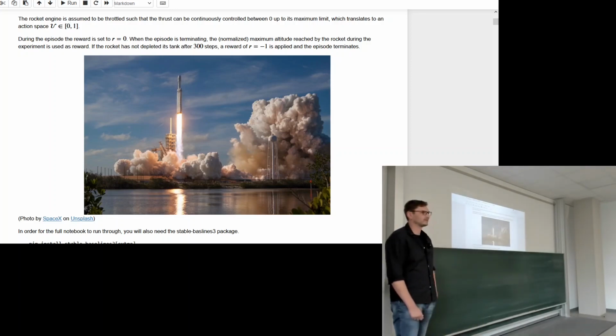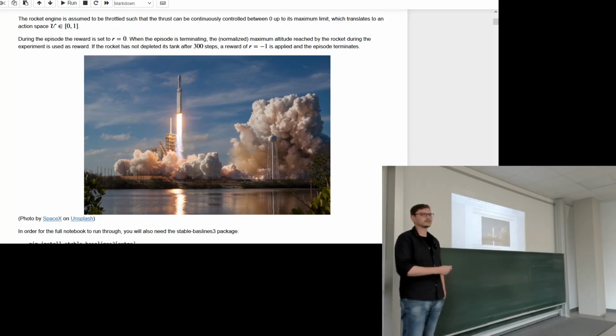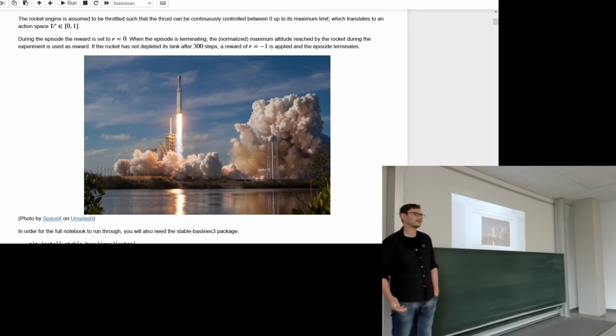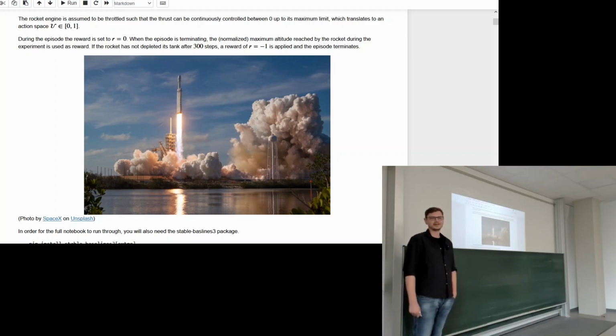A rocket has the problem that it needs fuel in order to increase its velocity. But while doing so, it loses fuel, so it loses mass. Less mass is easier to accelerate, but also losing fuel is bad because then you don't have the availability of accelerating later on.